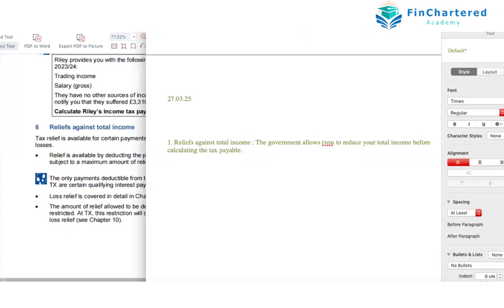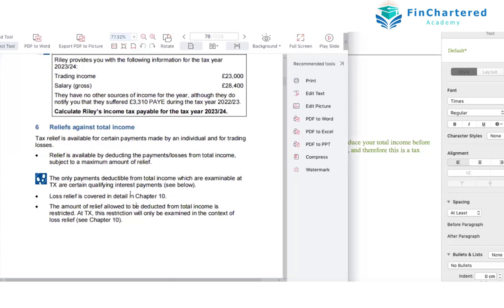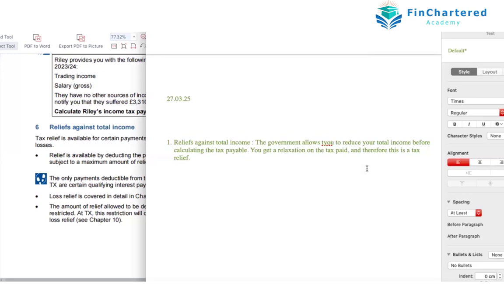So you're getting a relief, you're getting like a relaxation. You get a relaxation on the tax paid, and therefore, this is a tax relief. That is all that is there on this page. So if you know this much, you are comfortable with what is reliefs against total income. You already know this.